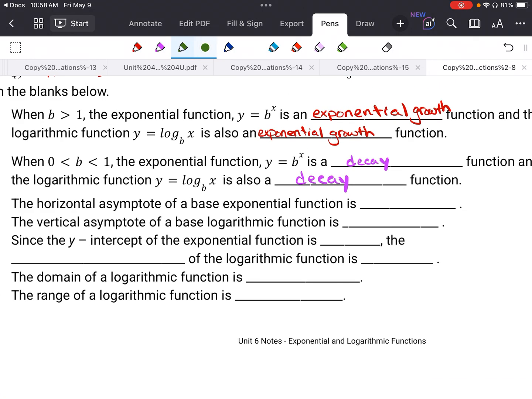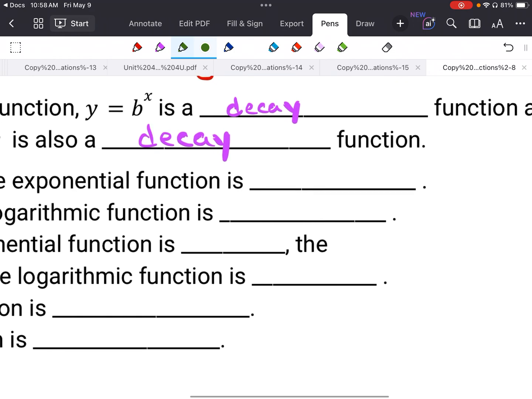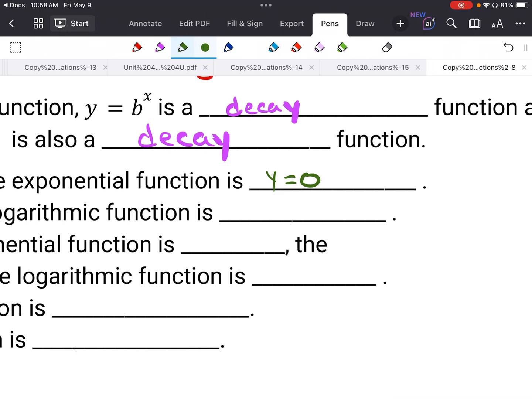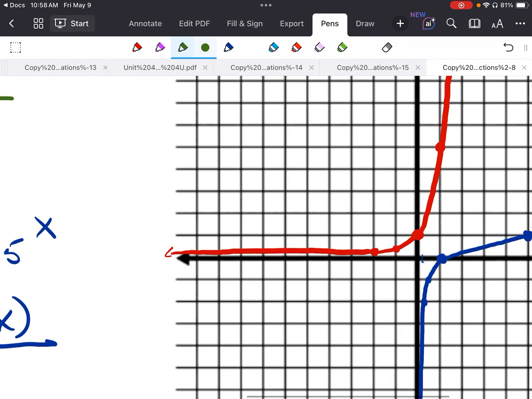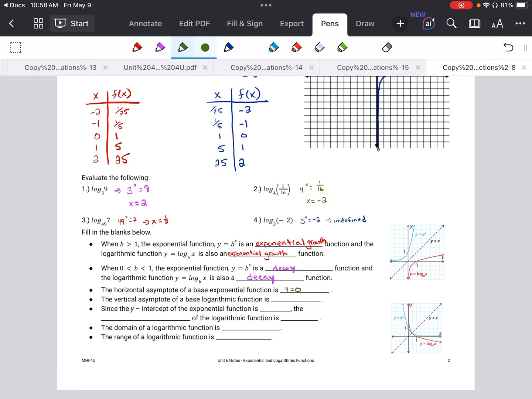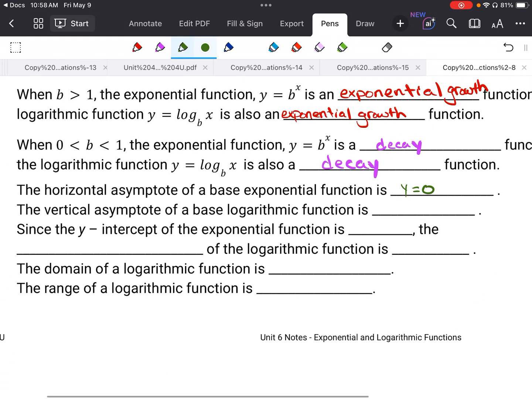The horizontal asymptote of a base exponential function is y equals 0. Right? If we look back at our graph, that red line gets very close to 0 but doesn't actually touch 0. So that's the asymptote. And in a log equation, the vertical asymptote is at x equals 0.